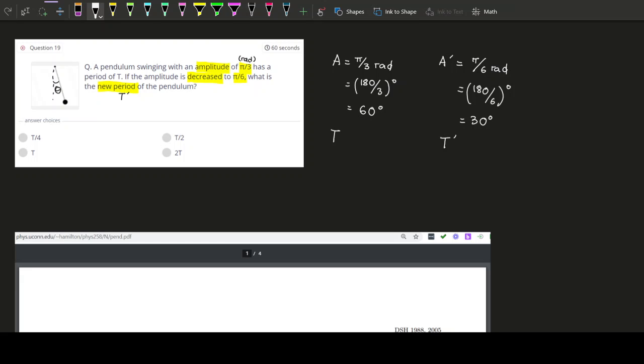There's a mistake with this question, because for physics, if we are dealing with SHM right now, for a simple pendulum, only small oscillation can be considered as SHM.